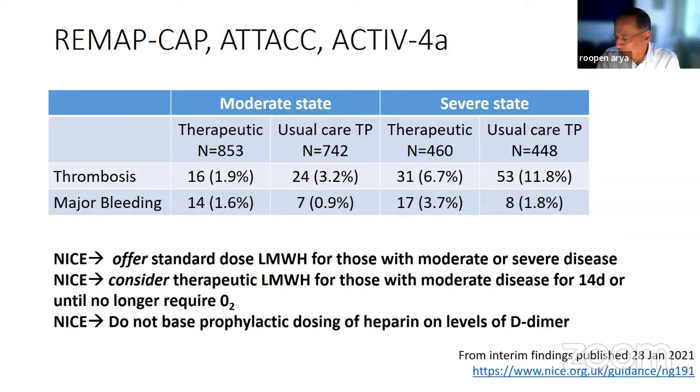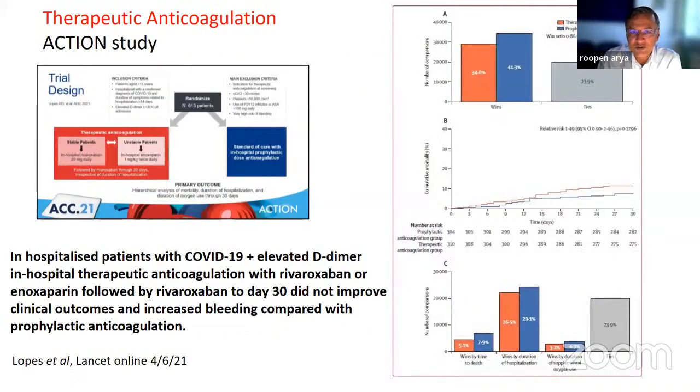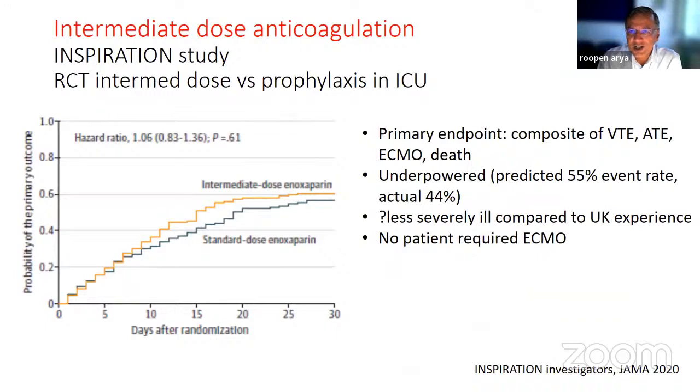But as I said, this resulted in a polarization in that there were some people who immediately switched to giving moderately ill patients therapeutic doses of anticoagulation, and others like ourselves who continued to use standard dose prophylaxis because we were not convinced by the data at the time.